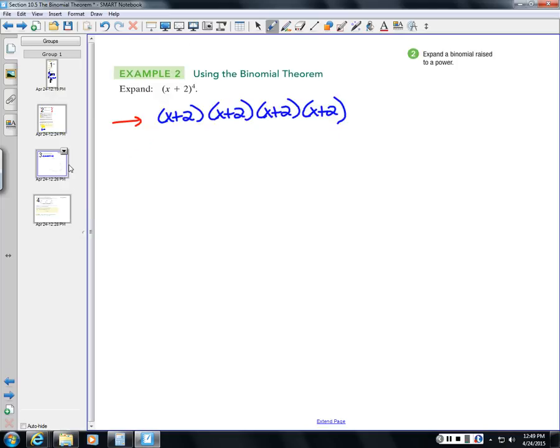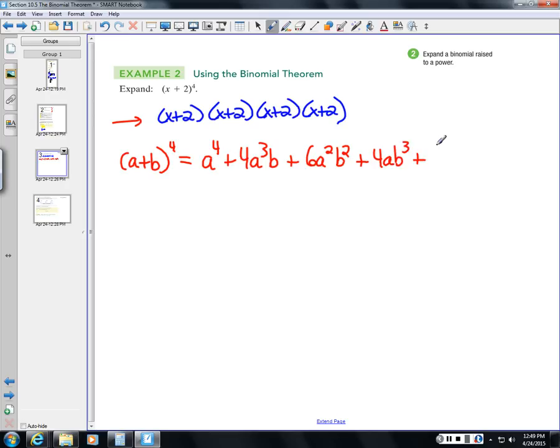If you have a binomial to the 4th power, according to the chart on the previous slide, the formula is a to the 4th plus 4a cubed b plus 6a squared b squared plus 4ab cubed, and then plus b to the 4th.